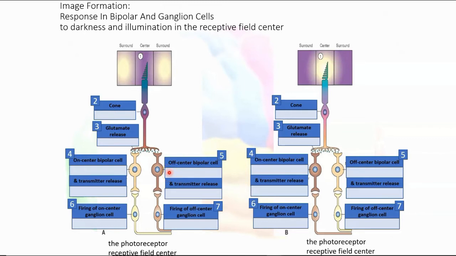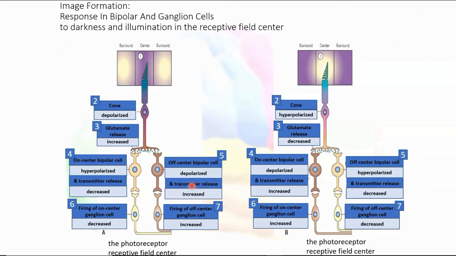In the example, in the dark, photoreceptors are depolarized and they release more or maximal glutamate and excite the off-center bipolar cells. Here, off-center bipolar cells are depolarized by glutamate.